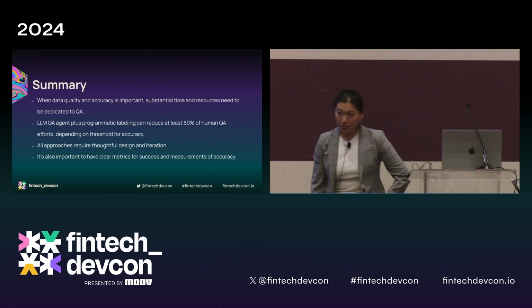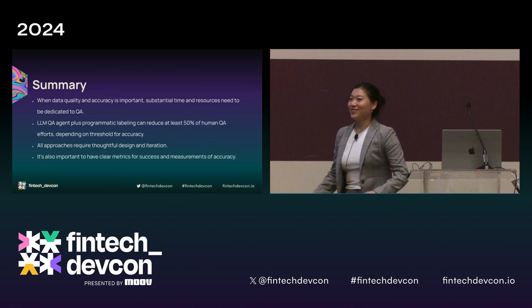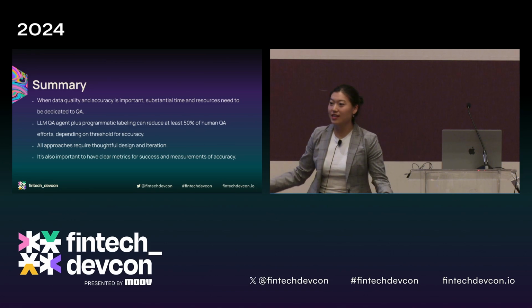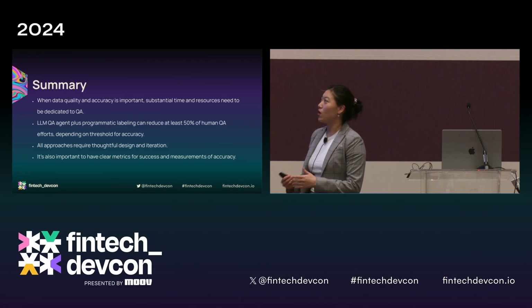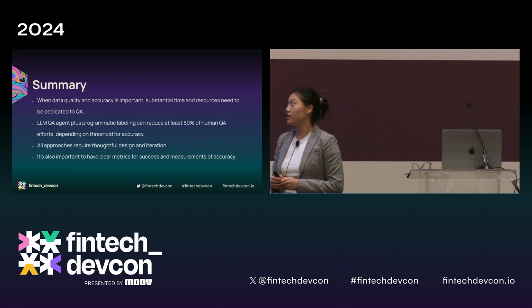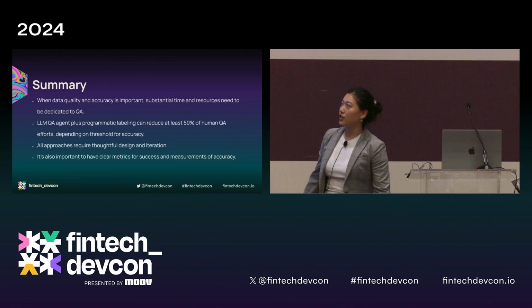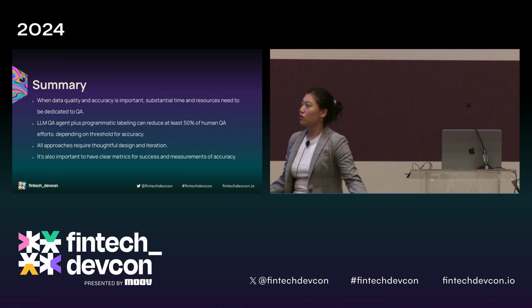All right, we're almost there. So lastly, summary. We have the consensus that when data quality and accuracy are important, substantial time and effort need to be dedicated to QA. So what do we do?